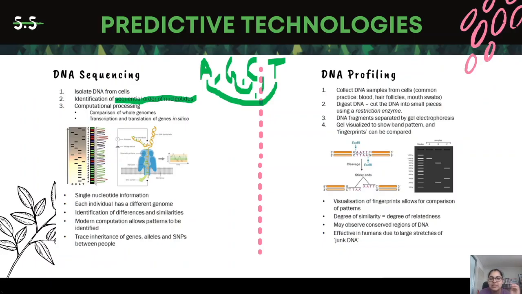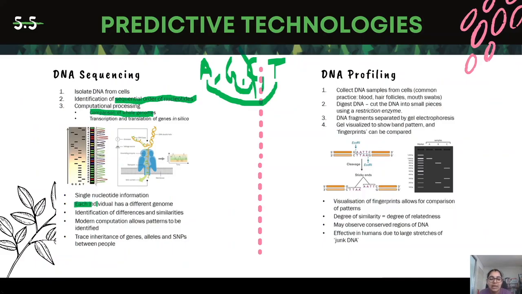So what happens in DNA sequencing is we identify the order of the nucleotides. How have they paired? We may have, for example, A, G, C, T, T, T. That's literally what DNA is, basically. So we use computational processing to compare whole genomes, and we get single nucleotide information.